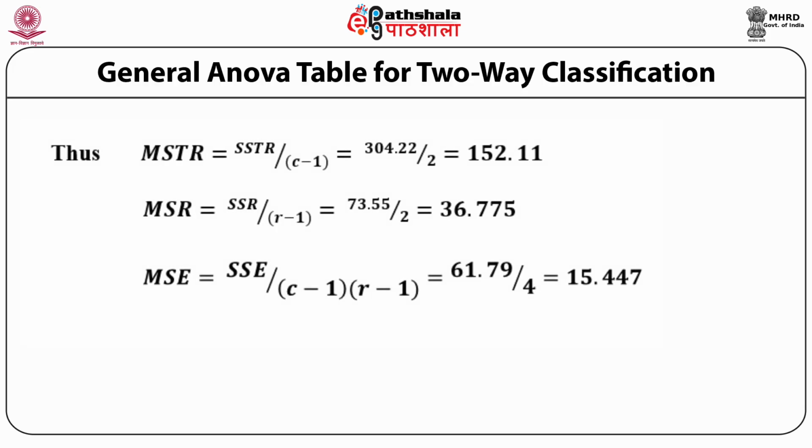Now let's find out the MSTR, MSR and MSE. So MSTR is the mean square column, MSR is the mean square of rows, and MSE is the mean square of error. So MSTR is equal to SSTR upon C minus 1, that is 304.22 upon 2.